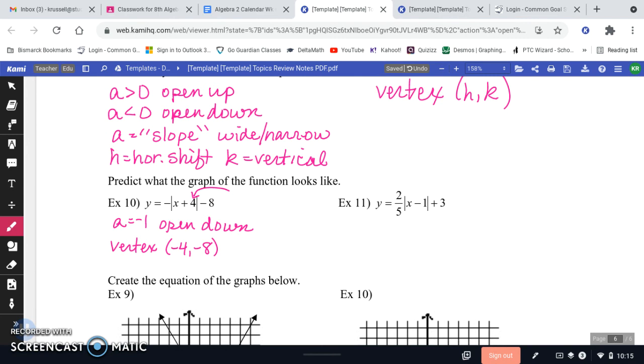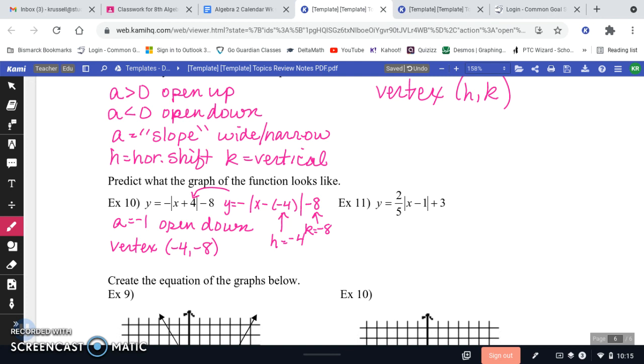If I were to rewrite this, x subtracting something, I'd have to subtract a -4 to turn it into a +4. So therefore, your h is a -4 and k is -8. I say change the h, keep the k. Change that sign inside the absolute value bars to find your h, and then keep the sign on the outside for your k.